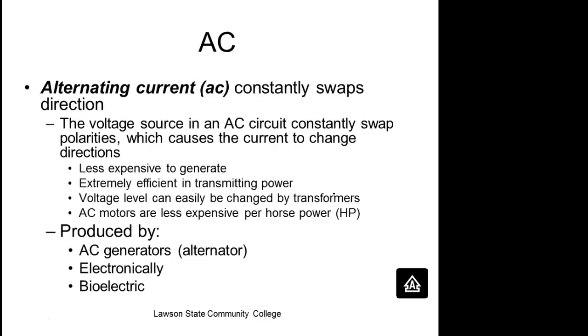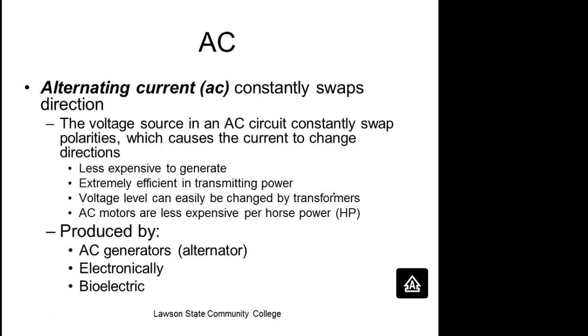All we need is three things. What do we need? A magnet, a conductor, and motion. You can see it's very easy to produce AC. All we have to do is spin a conductor, or vice versa.